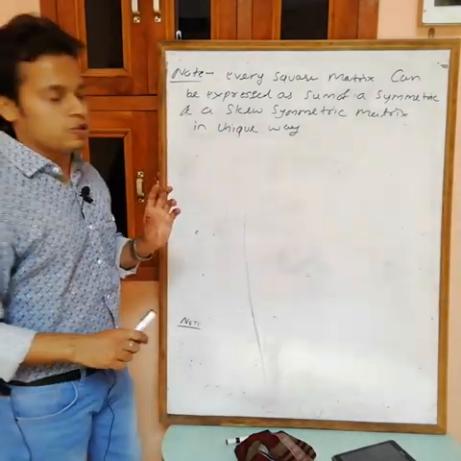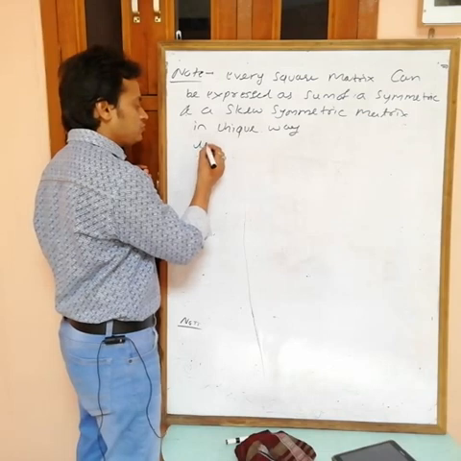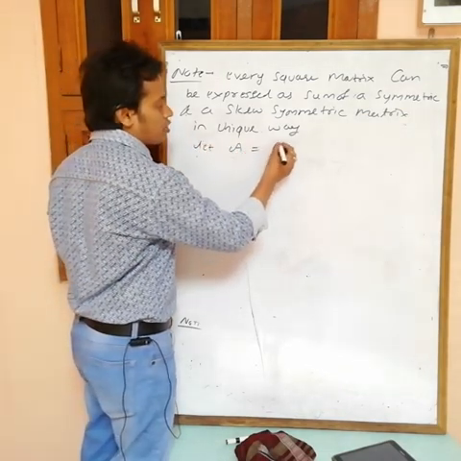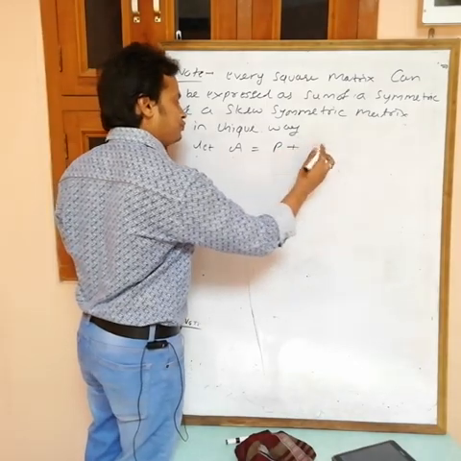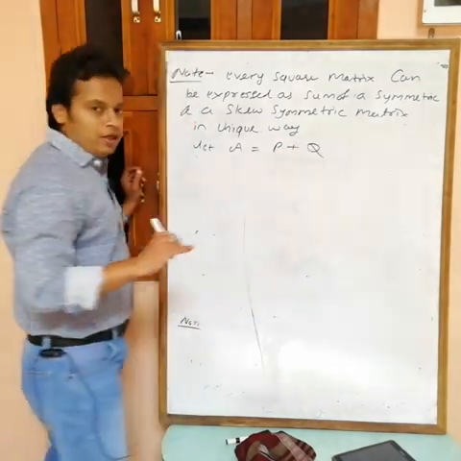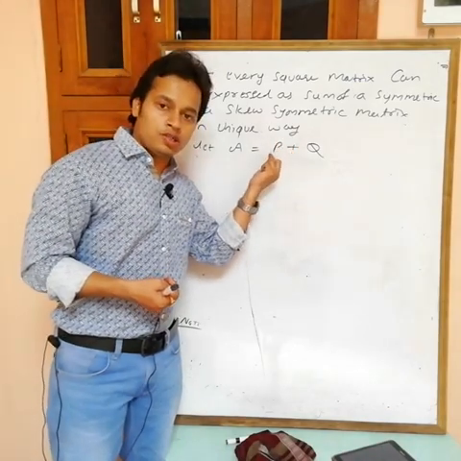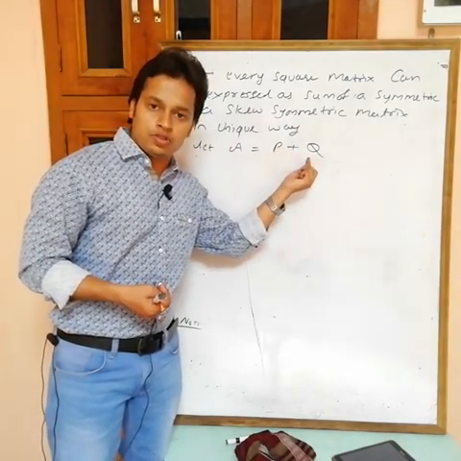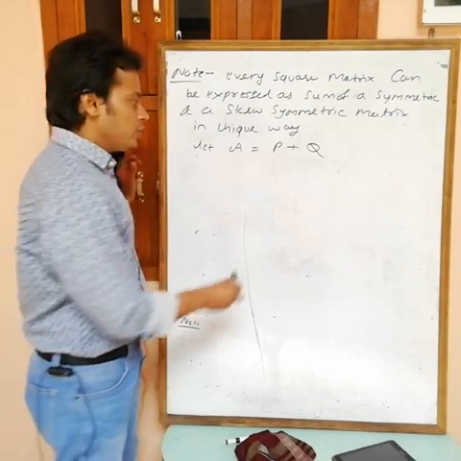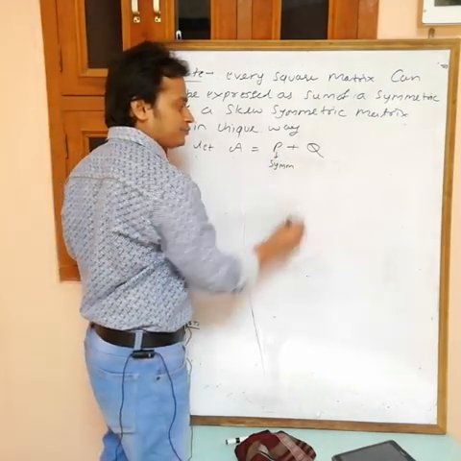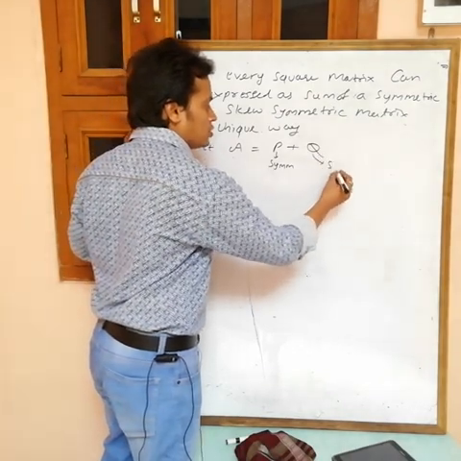Okay, how can we express it? See, let A equal P plus Q. Any matrix can be expressed as the sum of a symmetric and a skew symmetric matrix. So I am assuming that P is symmetric and Q is skew symmetric.